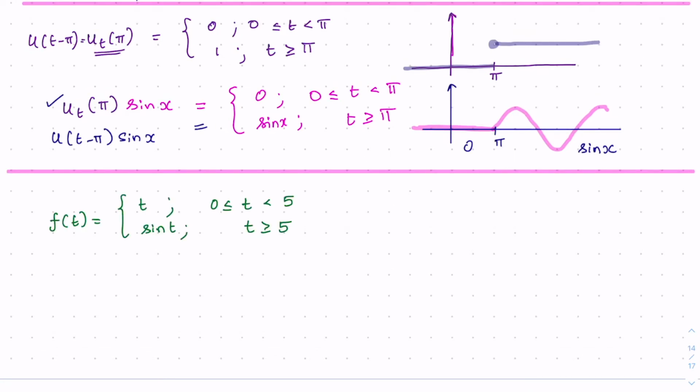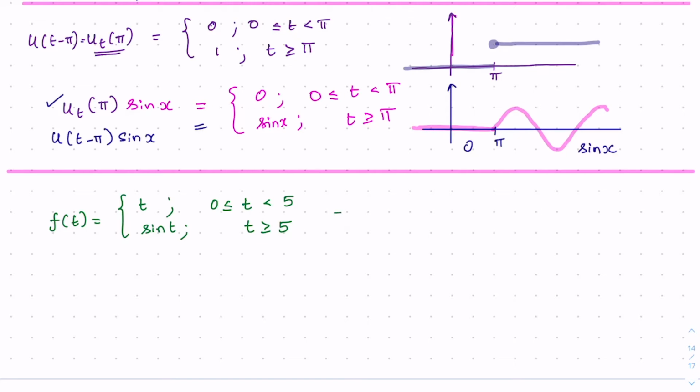All right, let's take a look at this function. Let's see how I write this function in terms of my unit step function. Again, if you take a look, until 5 it is t, and after 5 I don't want the t anymore, but I want the sine t. So what we are going to do is the following.